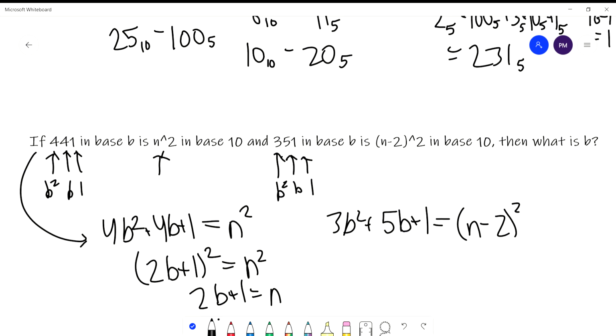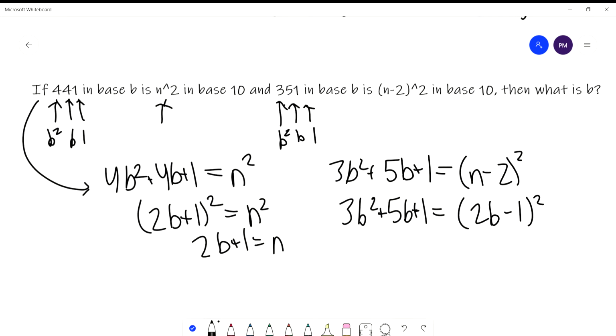Okay, so now we can substitute n and find the answer. So 3b squared plus 5b plus 1 equals 2b plus 1 minus 2. That's 2b minus 1 whole squared.